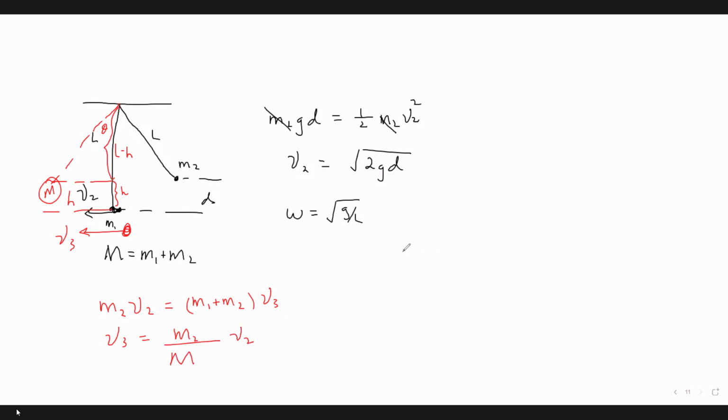Okay, now it's V3 that determines how high I go. So I have 1/2 the composite mass V3 squared equals the composite mass g h. And now we have h equals V3 squared over 2g. Okay, my mistake was to use V2 instead of V3 here for the composite mass.